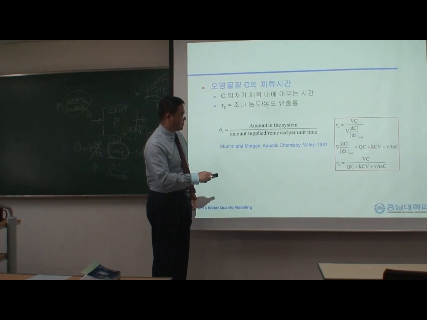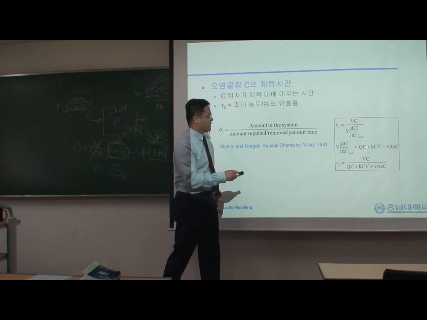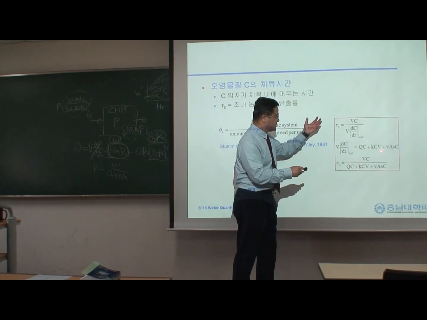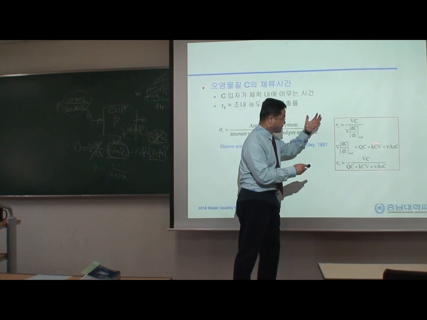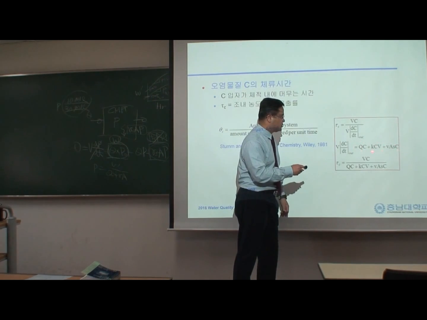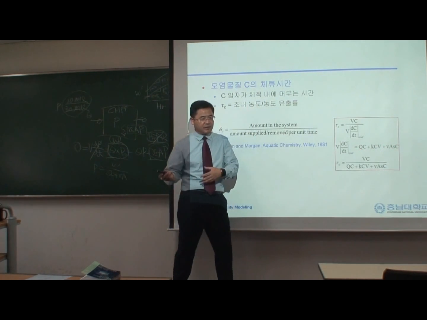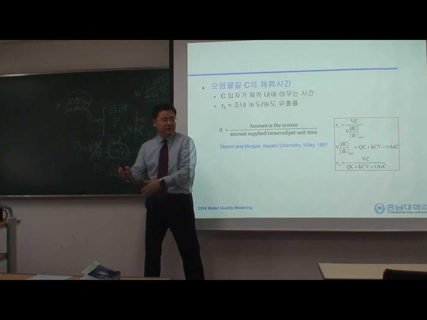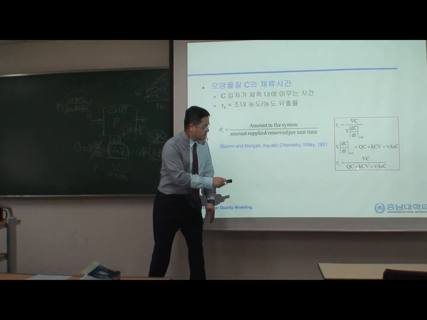I should write this as minus and minus. If you write a mass balance, you have something going out, something reacting, and something settling. Then those three are something going out, right?